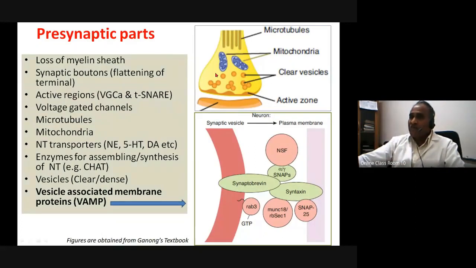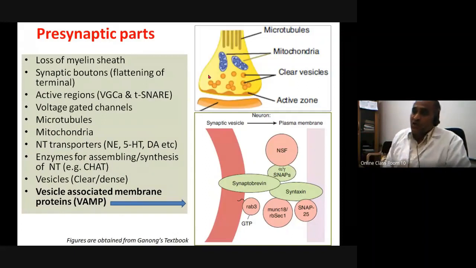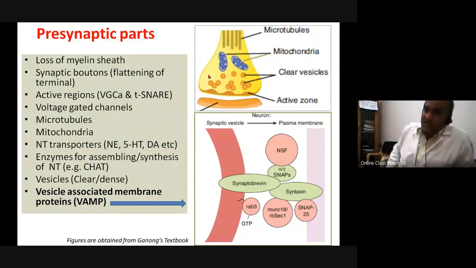Then we have two types of vesicles. The clear vesicles, we don't see them here. We have the dense vesicles. The clear vesicles contain the simple, low molecular weight molecules, for example acetylcholine or a single amino acid like glutamate.